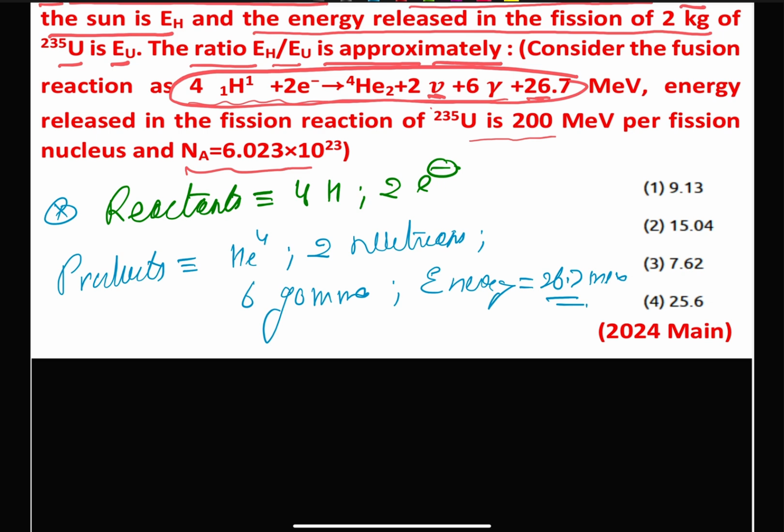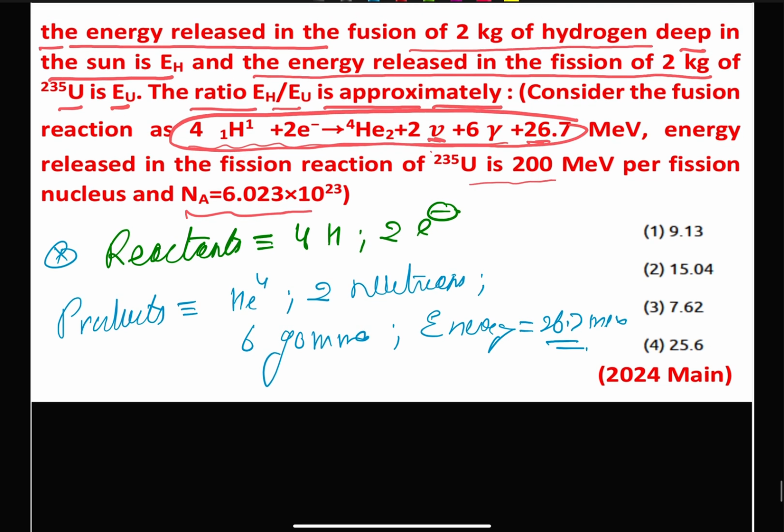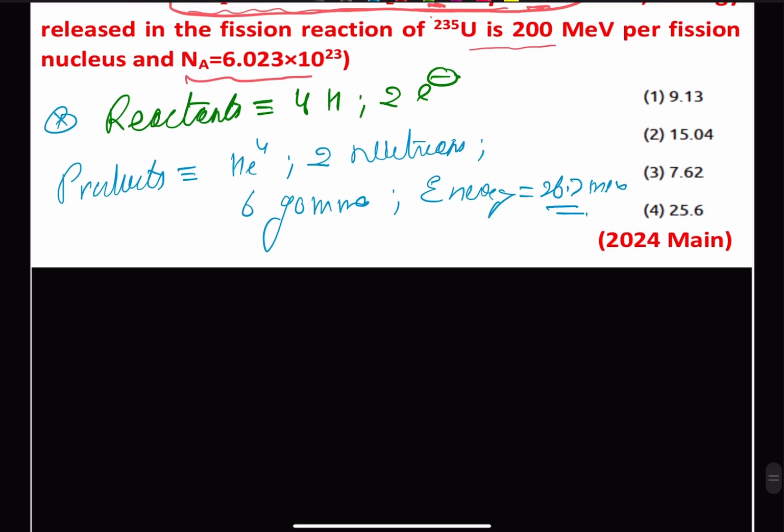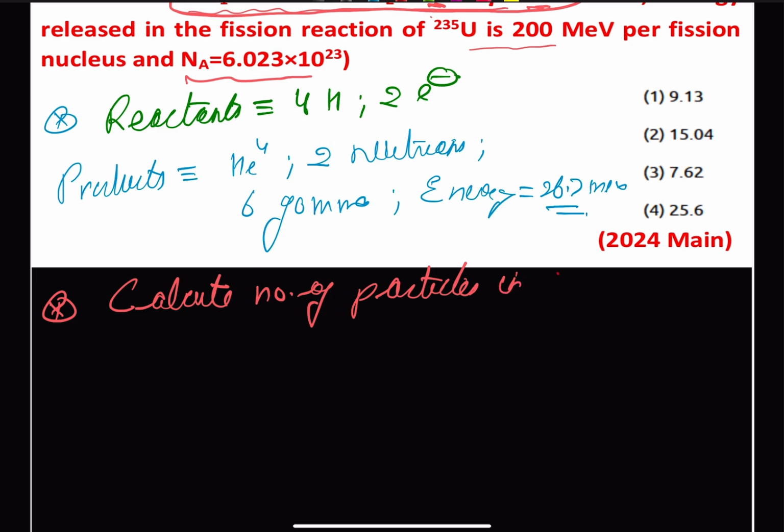And let's calculate with respect to, because for fusion it is saying that 2 kg of hydrogen. Okay, let's calculate using the given amount. So we can say calculate number of particles in 2 kg.